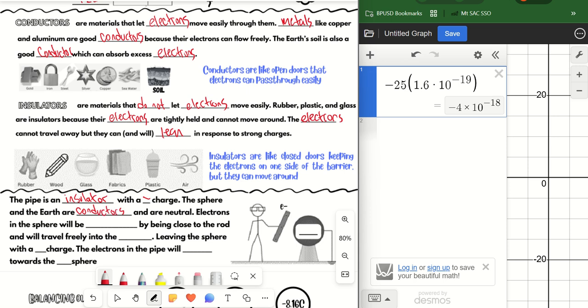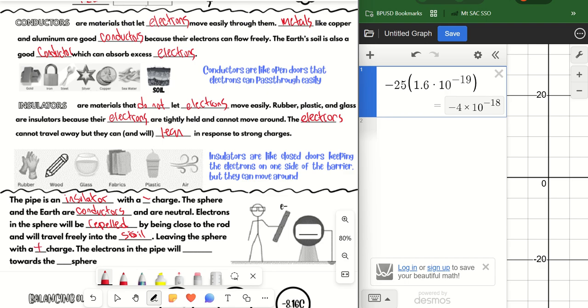The electrons in the sphere will be repelled by being close to the rod, and that's going to make it so they travel freely into the soil, leaving the sphere with an overall positive charge.